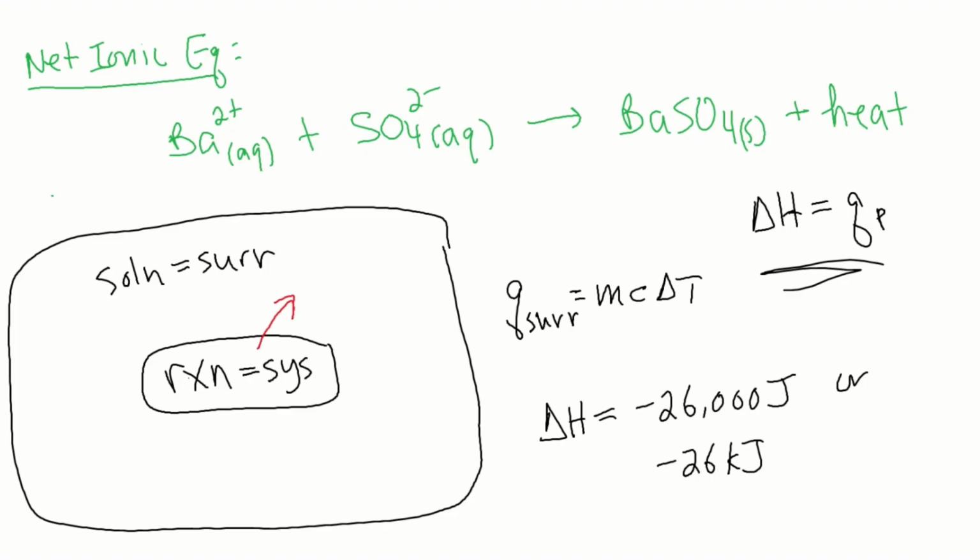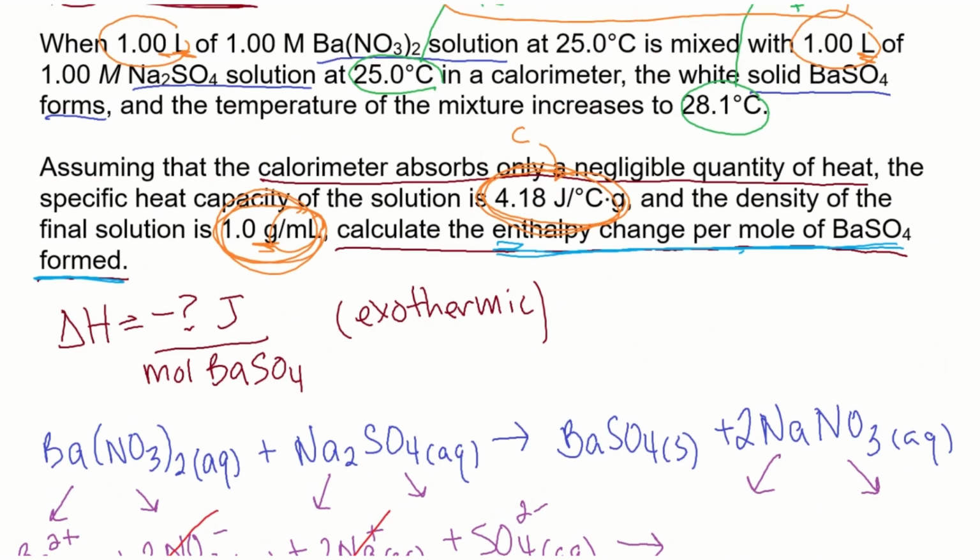So we figured out the heat transferred from this reaction. Now, all we need to do is find out the number of moles of barium sulfate that was in this reaction. How do we do that? All right, we need to find moles of barium sulfate. Well, let's see what it gives us in the problem. We are given, all right, well, these numbers aren't bad.